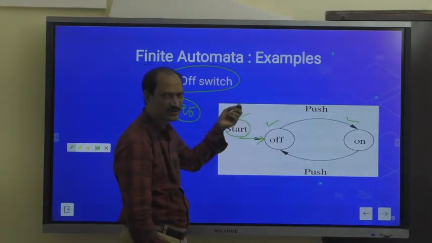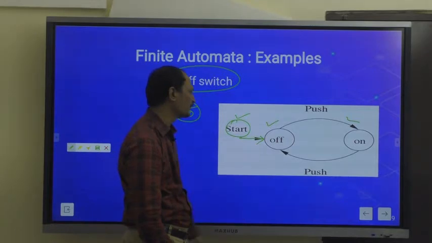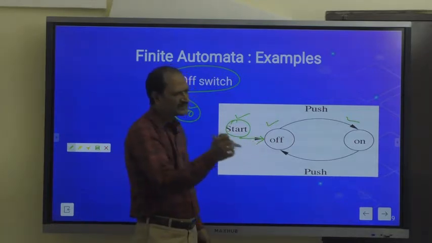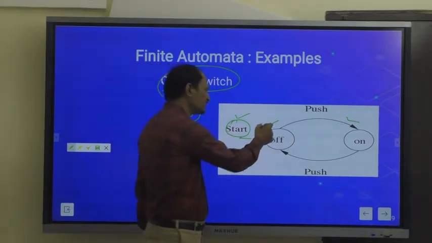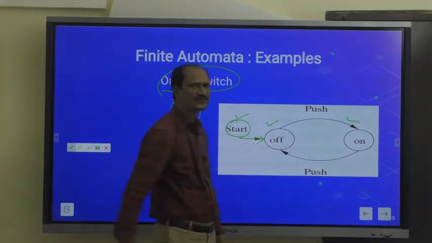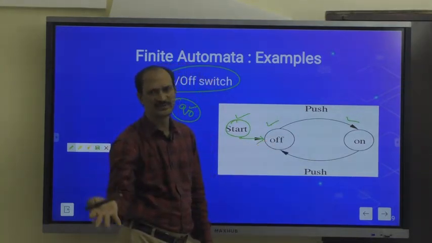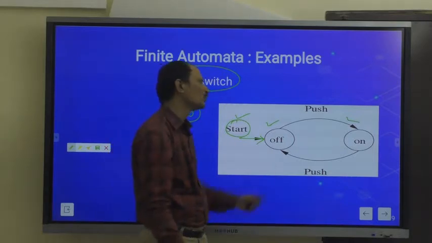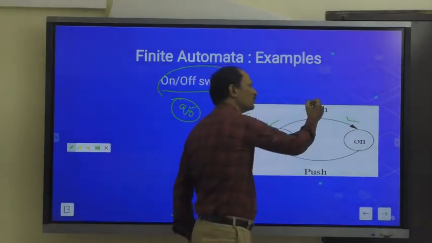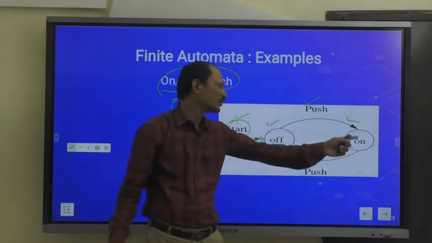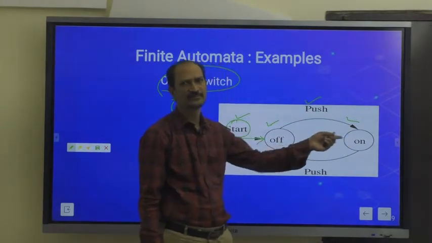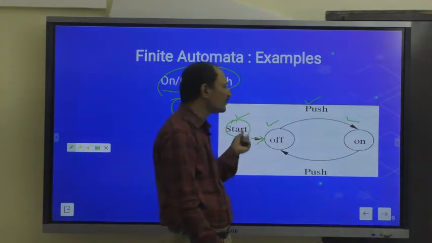Initially, the switch will be in the off state, so at start we have the off state. Whenever you press the switch, it will go into the on state. Yes or no? Yes. Press means push. Whenever you perform the activity push, you make the state of the switch go from off to on.